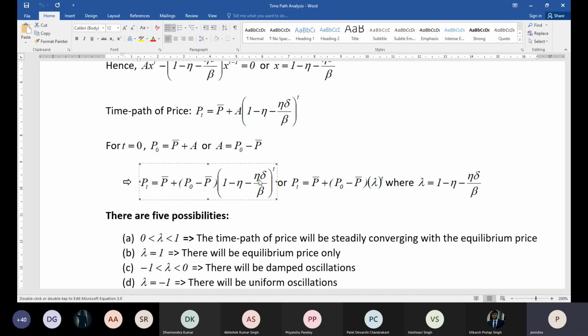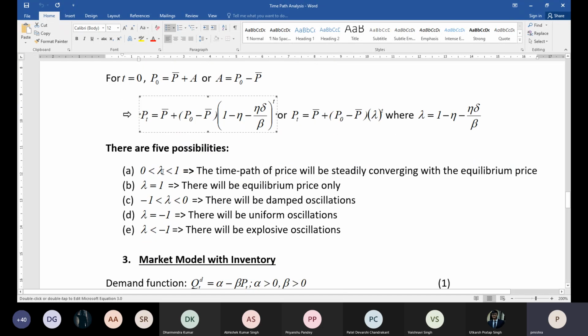Let us see what may be the alternative scenarios. And here we have 5 possibilities. One possibility is lambda is less than 1. And when lambda is less than 1, the time path would be converging steadily. That means the price will steadily converge to the equilibrium price.